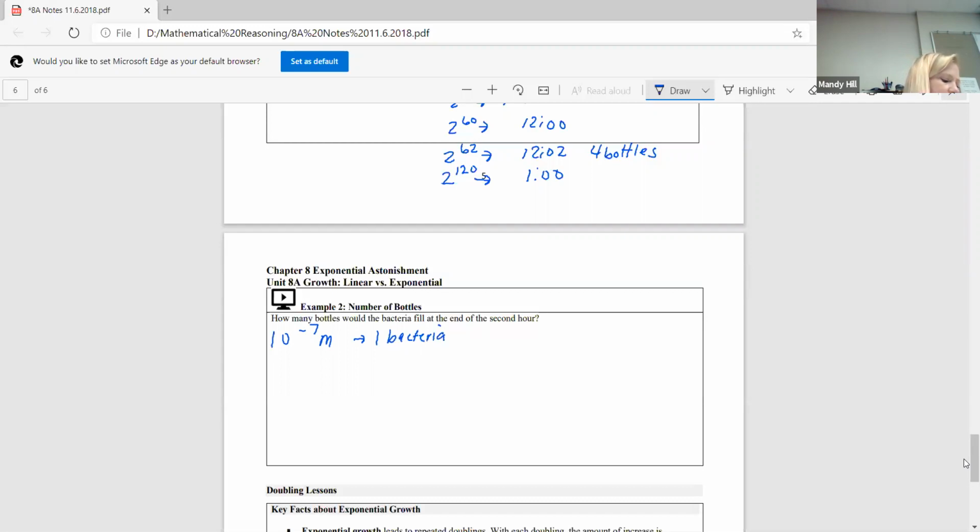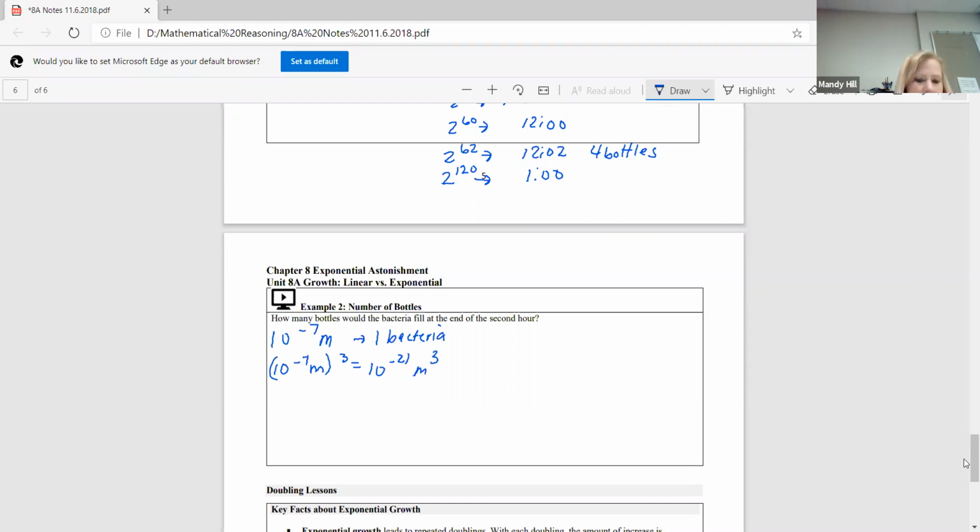Okay, if we assume that the bacteria are roughly cube-shaped, which we don't know, the volume of a single bacterium, if we cube 10 to the negative 7, is 10 to the negative 7 to the third power, which is 10 to the negative 21 meters cubed. That's how much space it would take up.